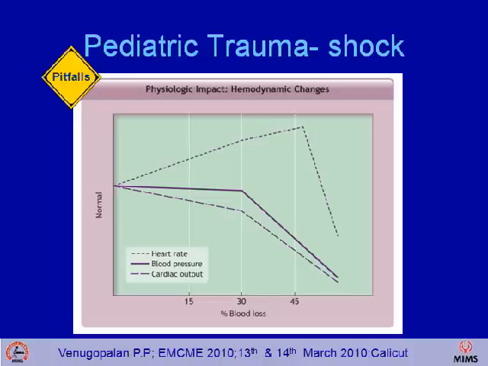Regarding pediatric trauma shock, pediatric cases present with normal indices like heart rate, blood pressure, and cardiac output until more than 40% of blood or volume loss. So if you do not resuscitate a pediatric case aggressively in the early phase, at some point the patient will crash in front of you and you will lose the patient.